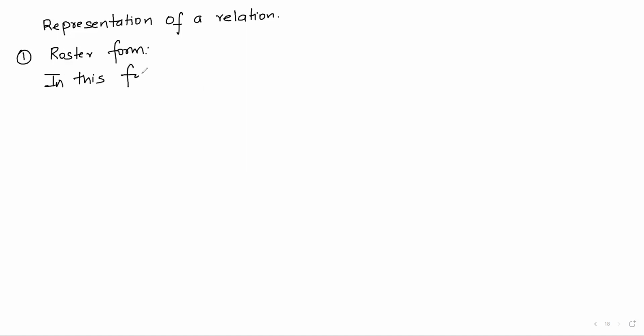We have done how to find a relation. Now we have different methods of representing a relation. The first method is roster form. We have already done the roster form in sets. The same concept is there in relations.